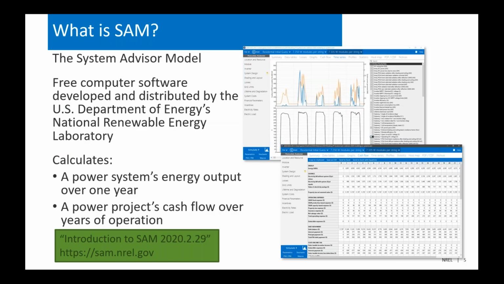So first, a quick introduction to SAM. It's the System Advisor Model. It's free software developed and distributed by NREL with funding from various sources, but mostly the Department of Energy. And it fundamentally does two things.